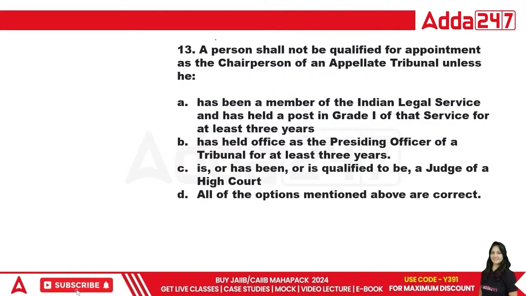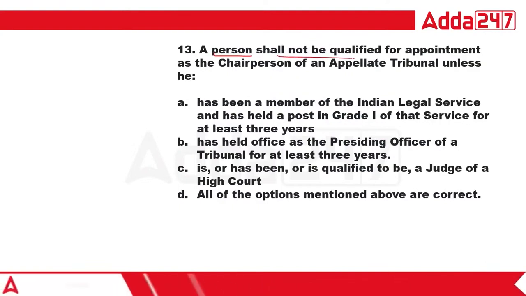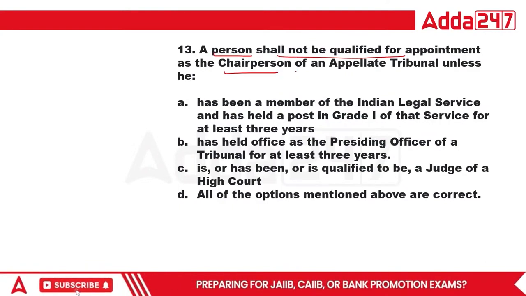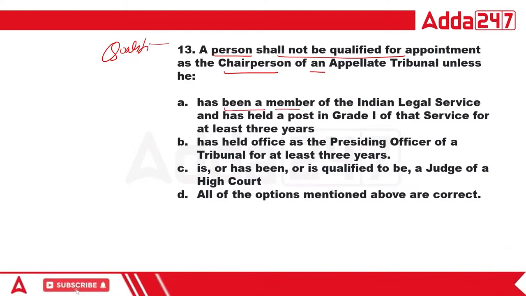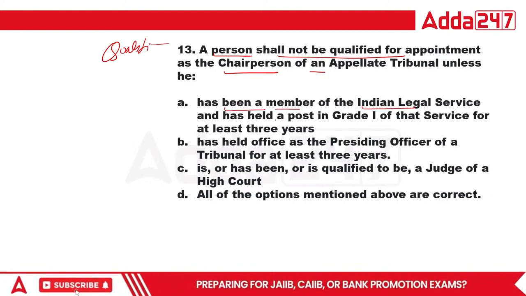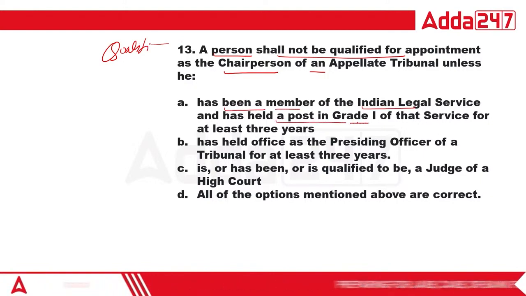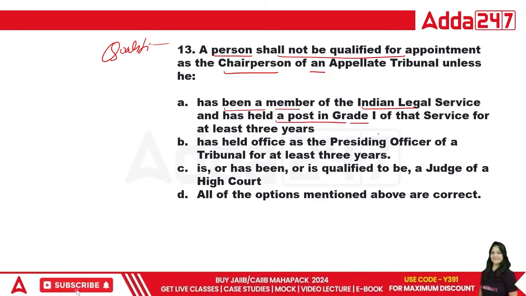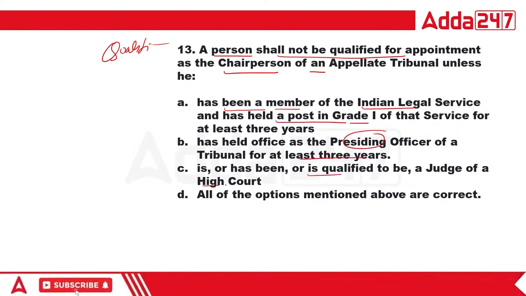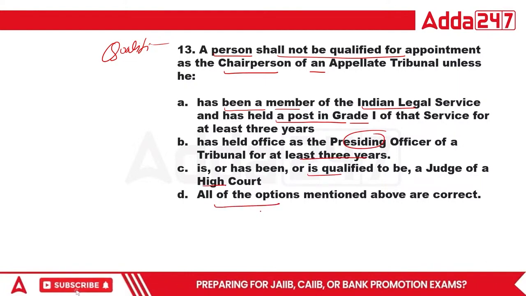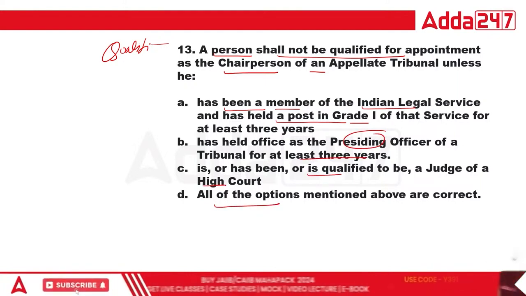Okay. A person shall not be qualified for appointment as a chairperson of the appellate tribunal. It means now you have to remember the qualification of the chairperson. Has been a member of the Indian Legal Service and can hold a post in grade 1 of that service. Presiding officer for at least 3 years, and qualified as a judge of the High Court. Or all the options are correct. So what will be the qualification of the chairperson?